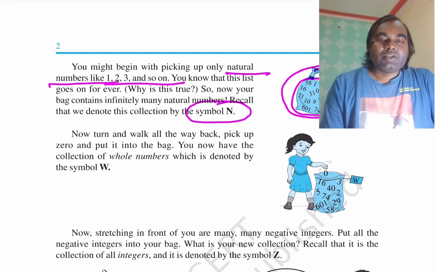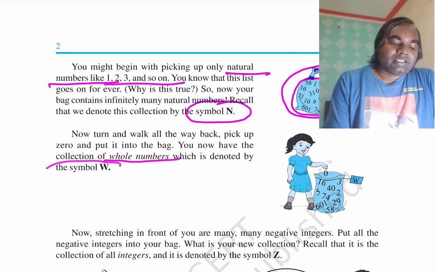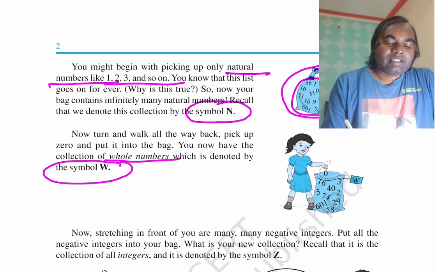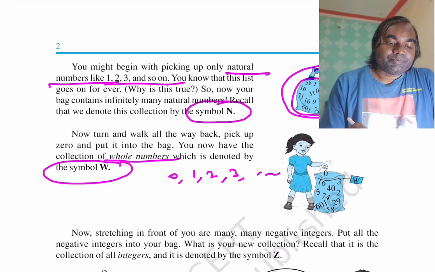Natural numbers start from 1 and go on up to infinity. Now we just left the number 0. If we also take 0, then the number system will be known as whole numbers. The symbol W is denoted for the whole numbers, and whole numbers include 0 along with natural numbers like 1, 2, 3, 4, and so on.